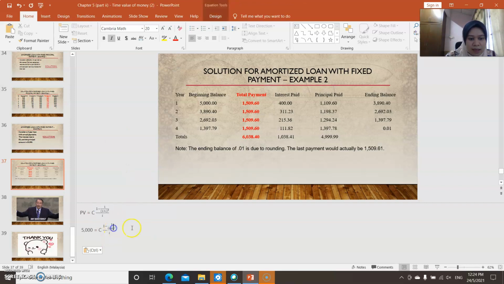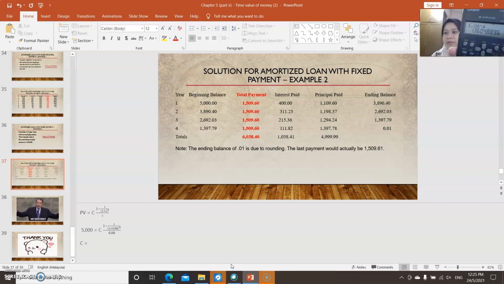The I, we know the I is 8%, 0.08. The time period, we know it is 4, 4 years. So just plug in the I as 0.08. So how are you going to find the C? Just solve inside here and bring this one here. 1.08 to the power of 4, you will get 1.36.